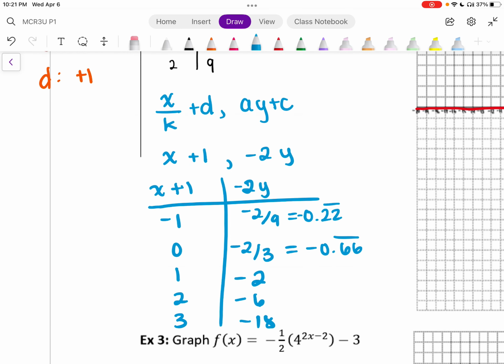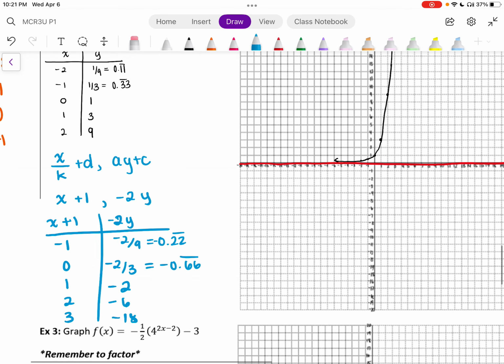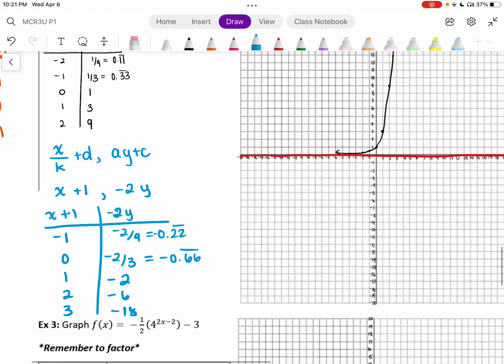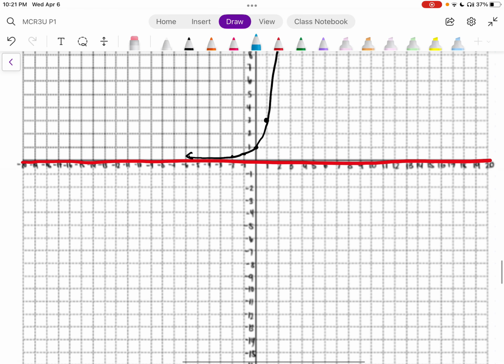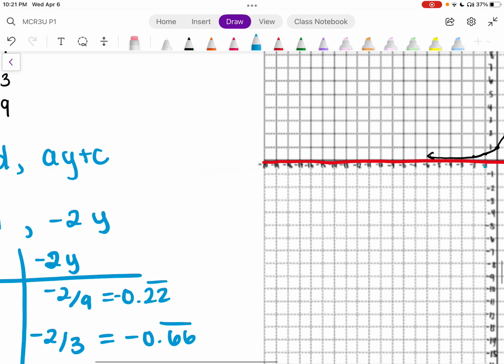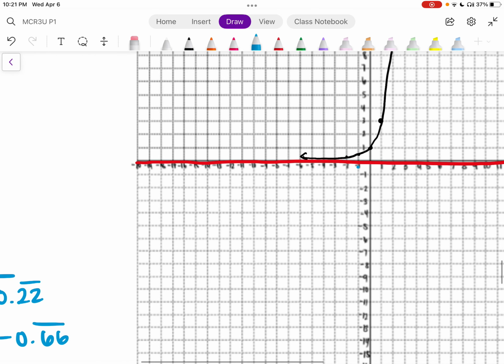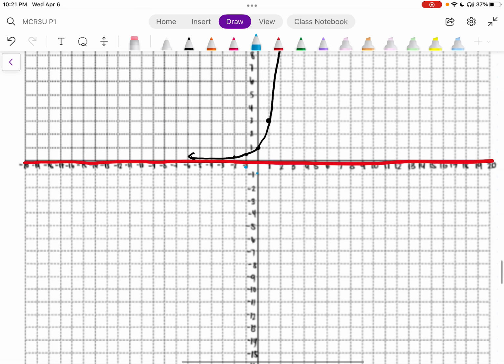Okay, so then I'm just going to go ahead and plot that function in. So I'm going to look and say, okay, at -1, it's like right here, right? At 0, it's at -0.33, so it's like here-ish, right?